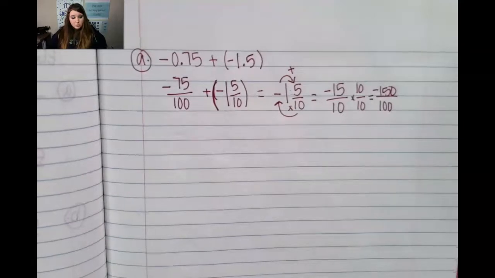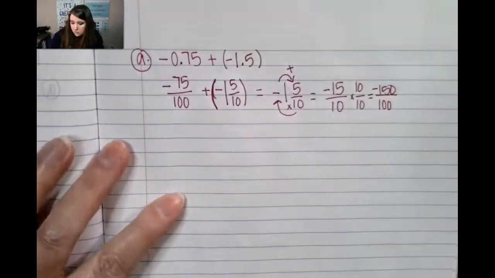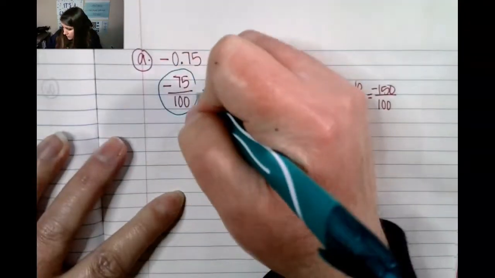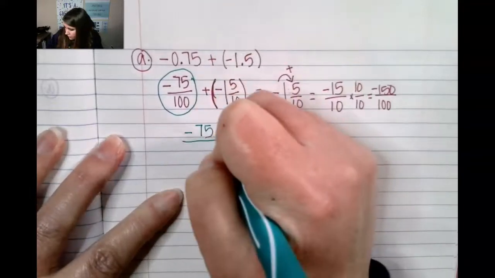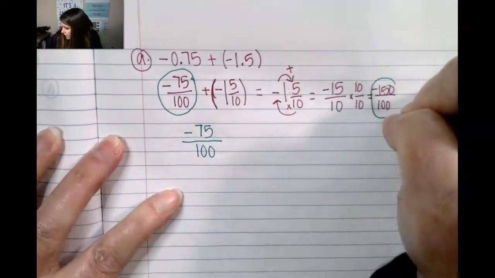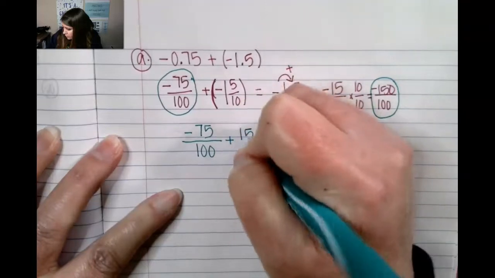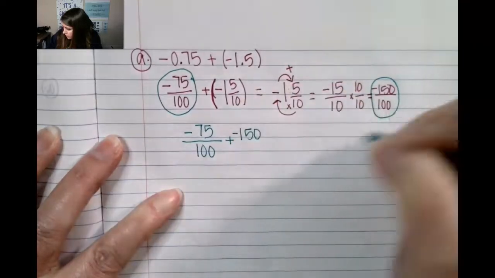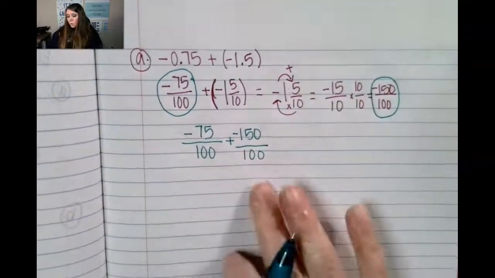All right, now we are ready to use our two numbers to solve. So I'm going to start with, let's use a different color. This one, I have negative 75 over 100, and I'm going to add to it negative 150 over 100. We're ignoring the bottoms.